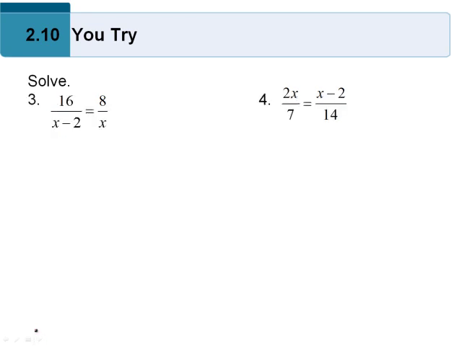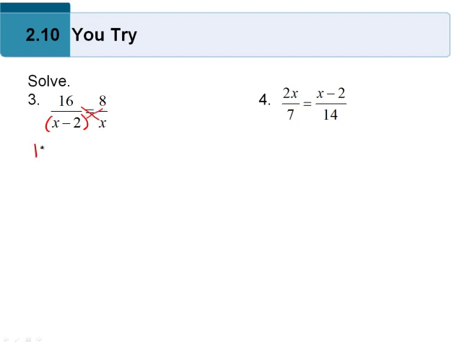So there's those two. Here's some more. Now remember, I think it's going to be easier on you if anything has more than one term on the numerator or denominator, put it in parentheses. We didn't really do any of these where they had variables in both places. Look at what you've got. You've got an x with the 16 and an x with the 8.